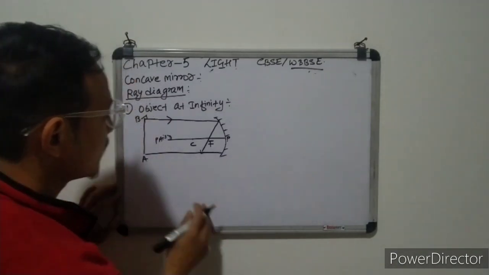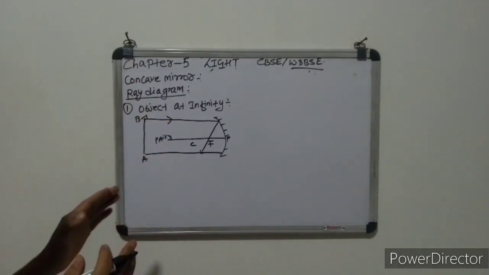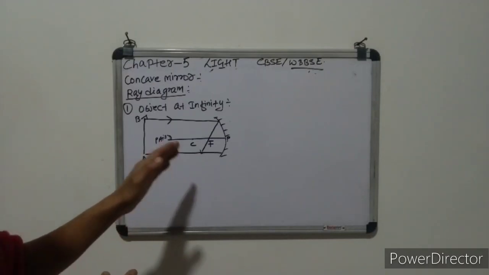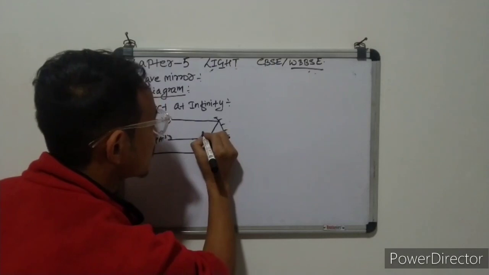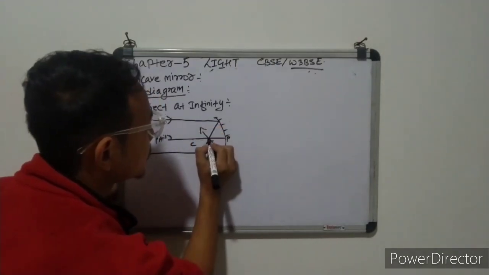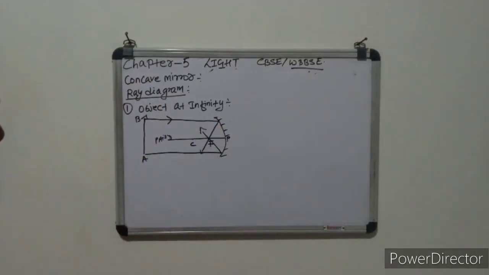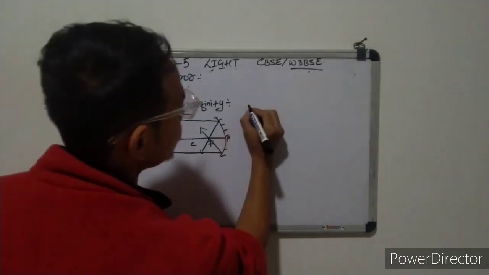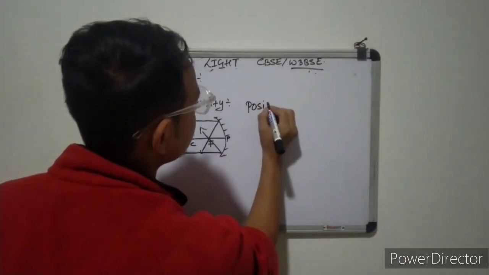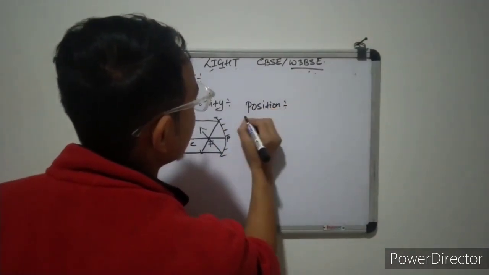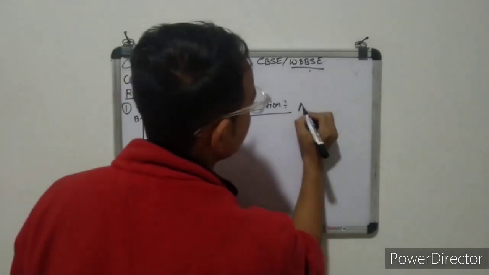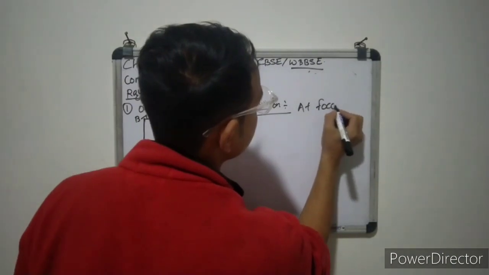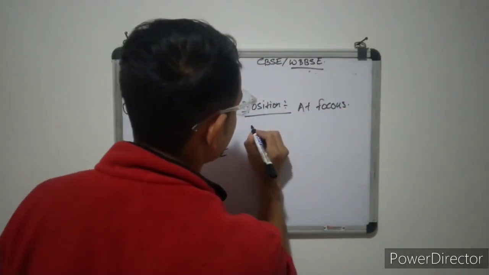The incident ray parallel to the principal axis will always pass through the focus, so the reflected rays meet at the focus. So we have to know the position where the image is formed: when the object is kept at infinity, the image is formed at the focus.